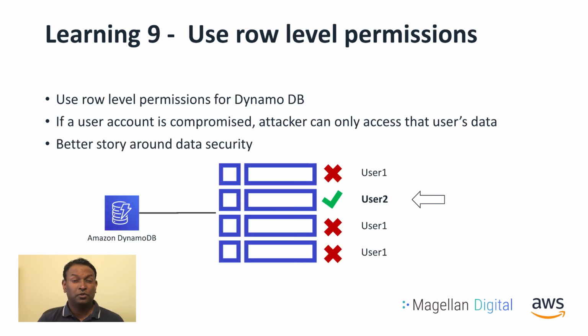For extra security, we use row level permissions. So even if that user account's compromised, if they hit the API, they only get access to that user's data. And this can be done automatically, again through Amplify, just by specifying a specific keyword in the data model. It's great for security as well, having that story around security.